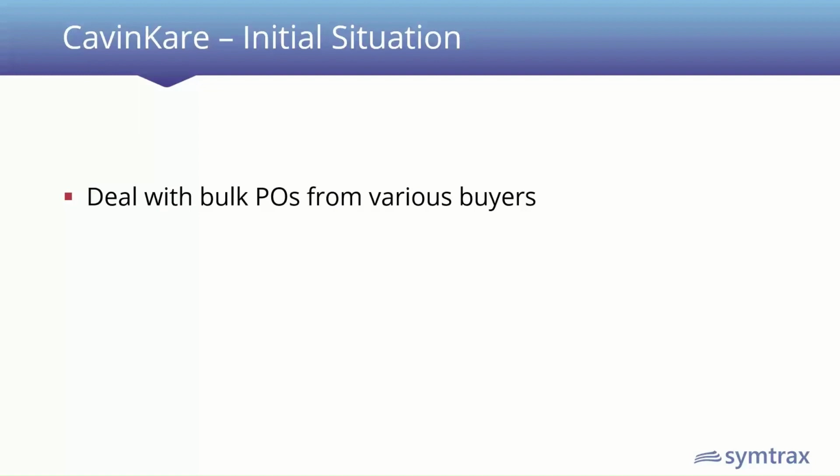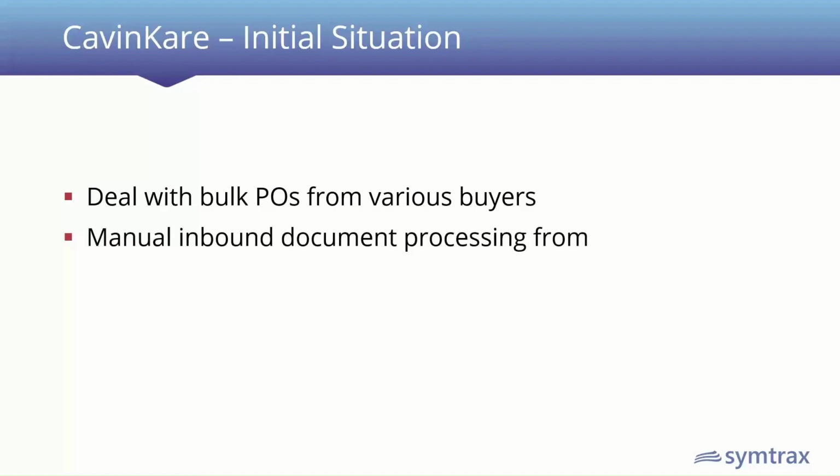They manually process all these incoming documents with a dedicated team. They convert from a purchase order to an Excel file for their internal reporting purposes, and after that, they convert it to a sales order. So these two separate processes were still manual before we talked to them.